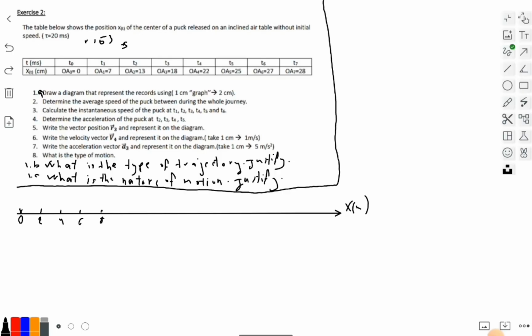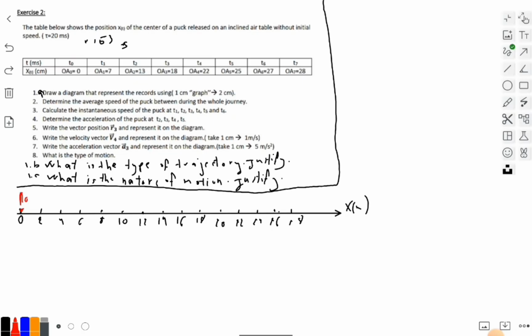8, 10, 12, 14, 16, 18, 20, 22, 24, 26 and 28. A0 is at point 0, so this is A0.